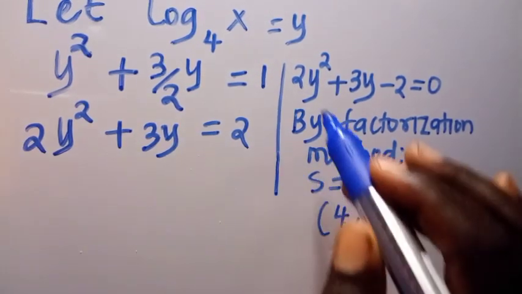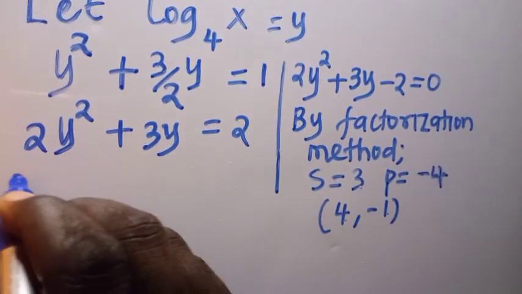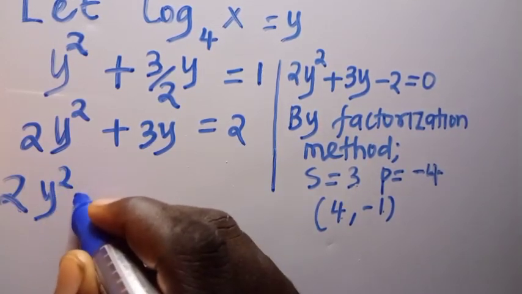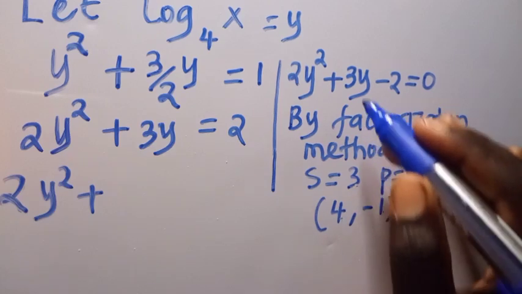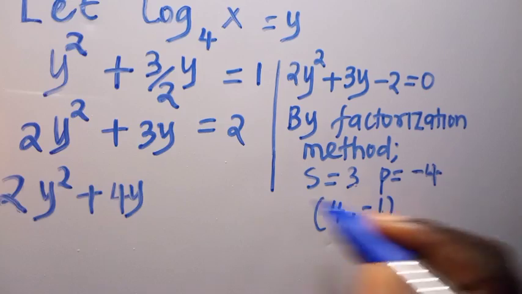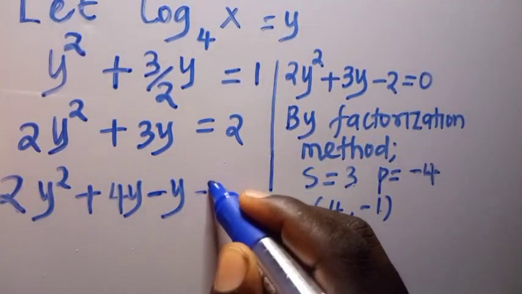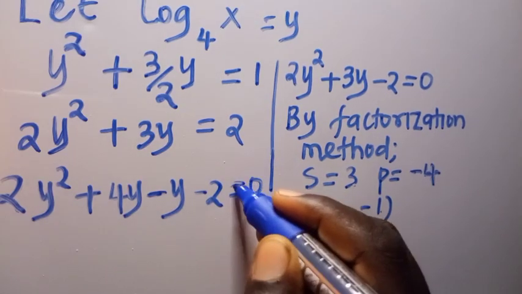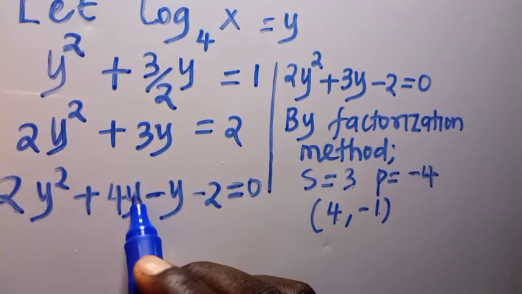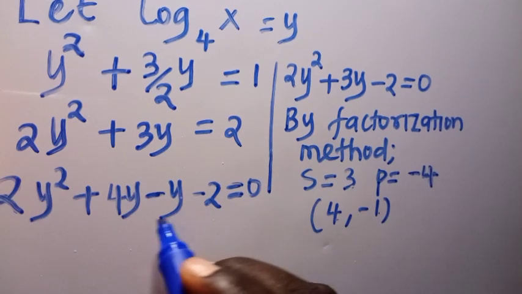Now, instead of 2y squared plus 3y minus 2, we shall have 2y squared plus 4y minus y minus 2 equals to 0.